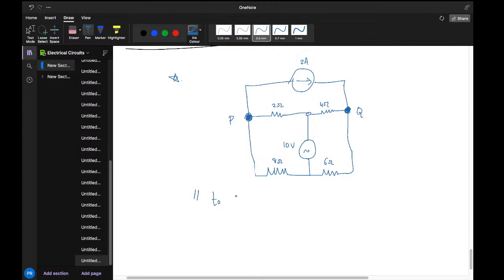So to find the potential difference across PQ.